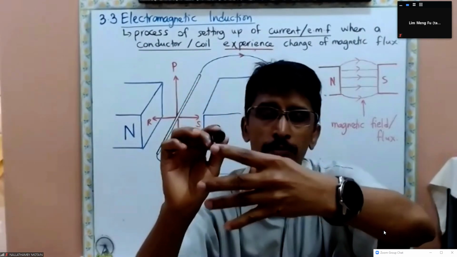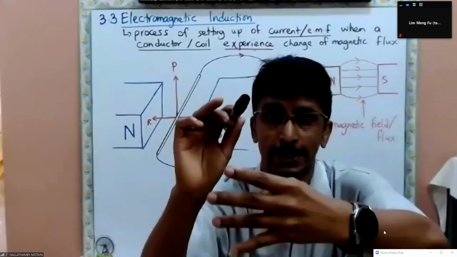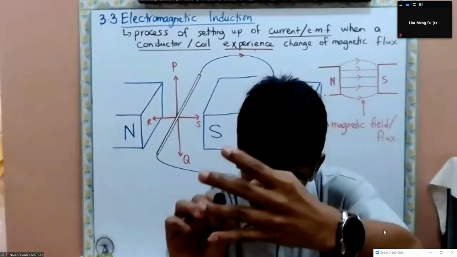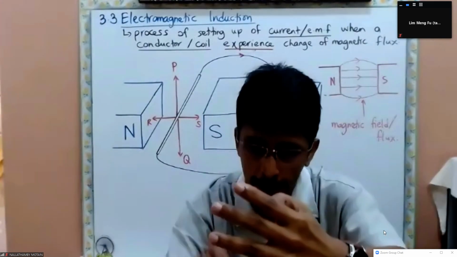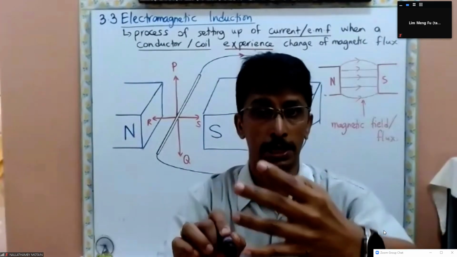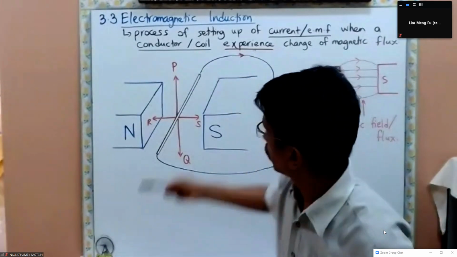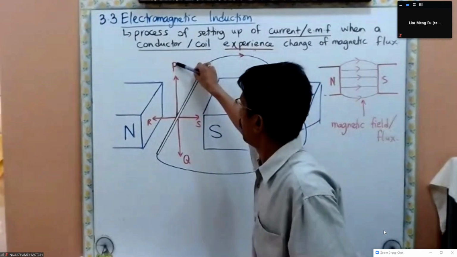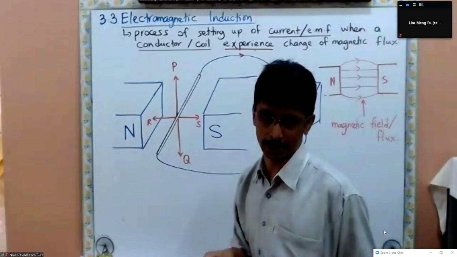That means it will experience a change of magnetic flux. If the conductor is moving downward, is it cutting magnetic flux? Yes, it's cutting magnetic flux. That means current is induced, if the conductor moves upward or downward, because it cuts the magnetic flux.